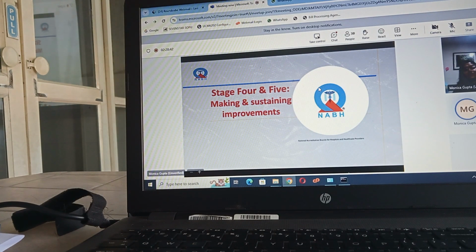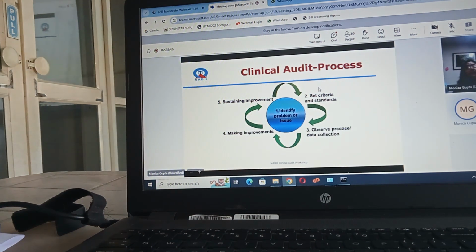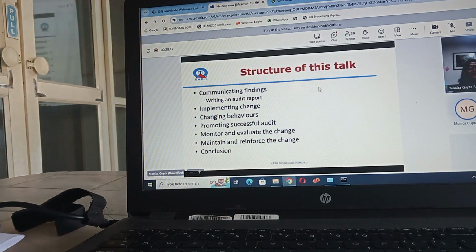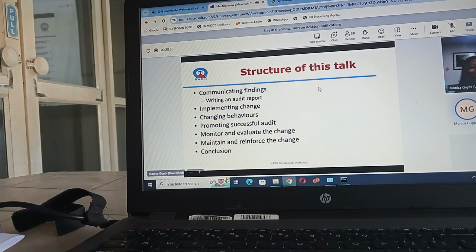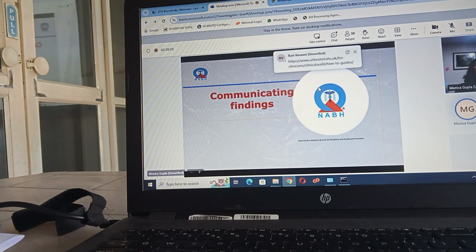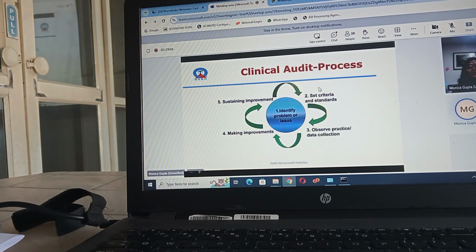So now comes making and sustaining improvements. This is the 5th stage. When we want to make and sustain improvements, what stage have we reached so far? An audit topic has been decided, that is identifying the problem or issues.